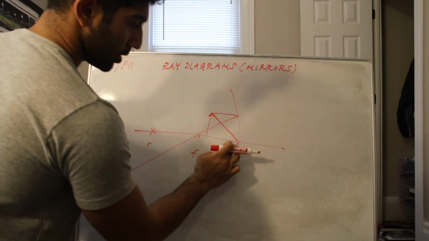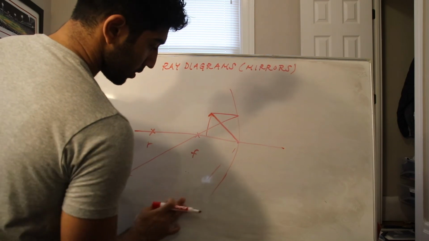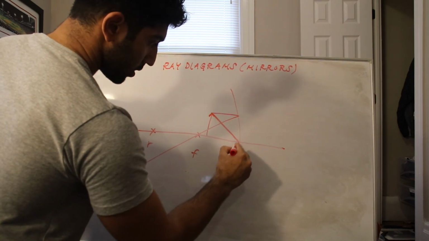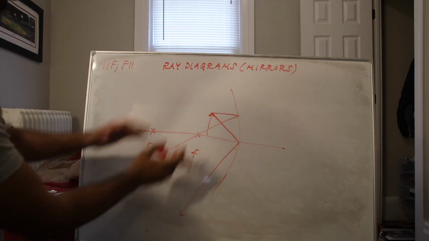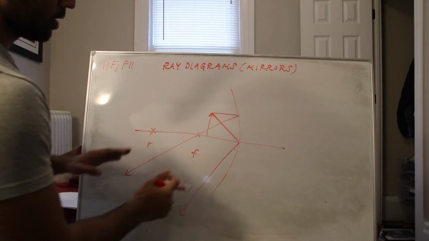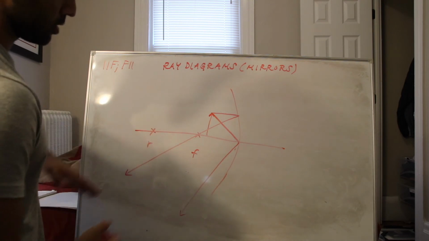So these angles will be the same, because it hits right there. And these lines aren't parallel, but you see they're diverging. They're not going to hit each other, in this area.